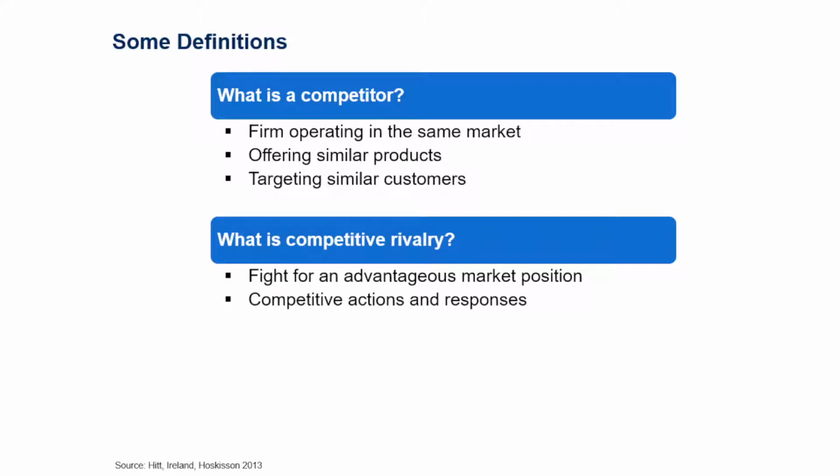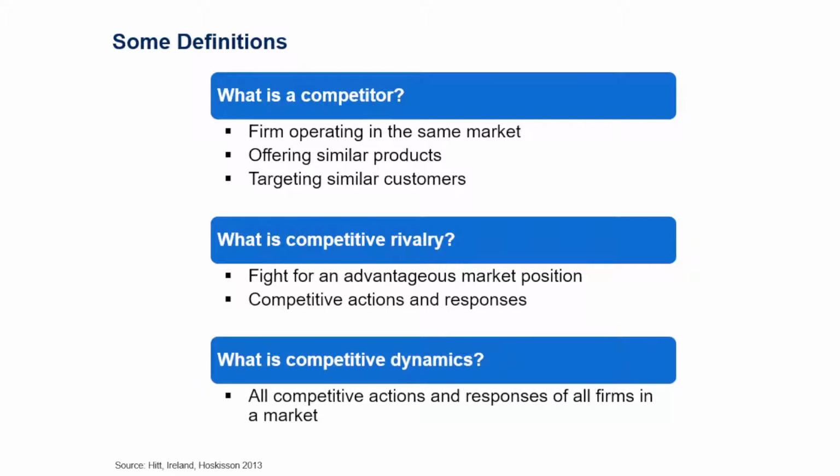What is competitive rivalry? It is the fight of those competitors for market share, for an advantageous position in the market, and it consists of competitive actions and the respective responses. And then finally, competitive dynamics are all those actions and responses put together of all the firms in the market.